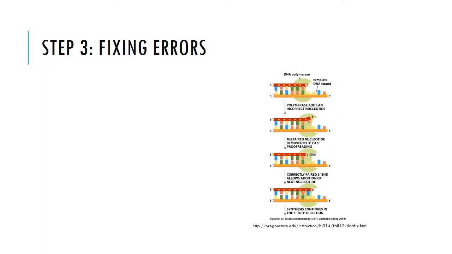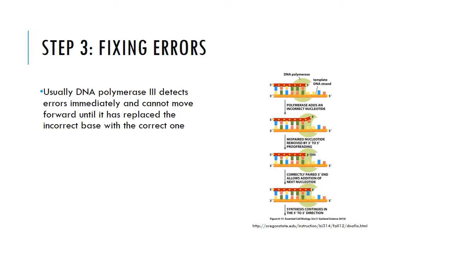Initially, and most often, any errors that we have are going to be detected by DNA polymerase as it's moving along. So if you have a look at the diagram that we have here on the side, if there is a base that's put in by accident, so it's the wrong base, like they're putting in just here, the base pairing won't be correct, and so you end up with a little bit of a bump in the structure, the physical structure of the DNA molecule.